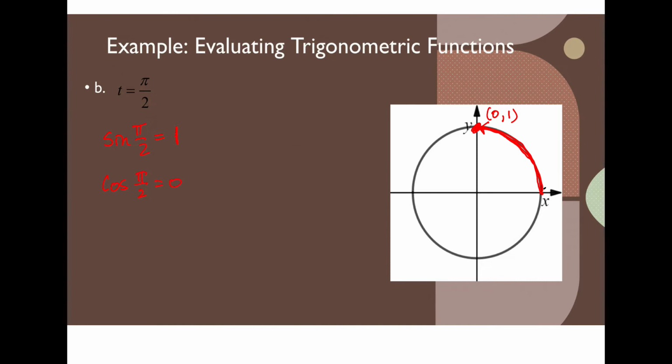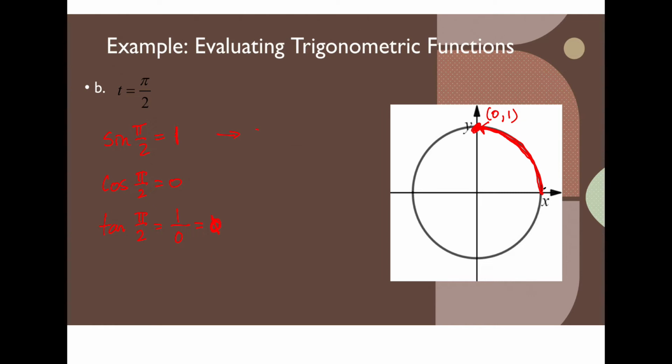So they've just switched spots. And the tangent of pi over 2 is going to be y over x. Y in this case is 1, x in this case is 0, and so that gives me something that's undefined. So tangent is undefined at 90 degrees or pi over 2.